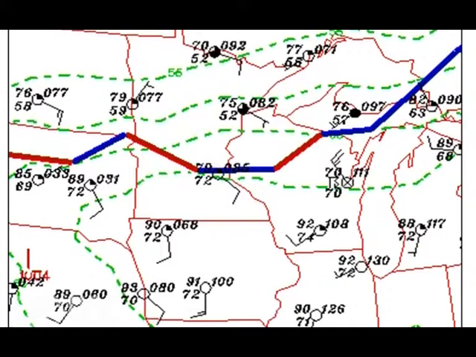Such high dew points usually mean humid and sticky weather conditions. On the other hand, pleasant weather is found across North Dakota and Minnesota, where dew points are in the 50s and the air is much drier.